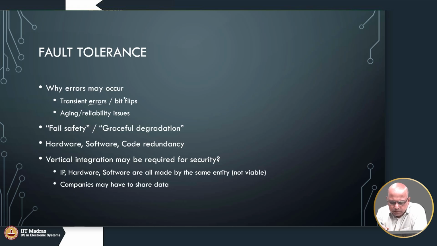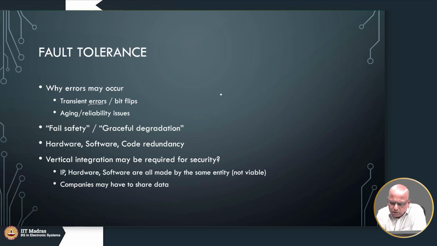Maybe it's not a permanent thing. Suddenly we may see a 1 and then it may go back to 0. For a short duration there was a glitch, or a particular memory bit suddenly changed from 0 to 1.